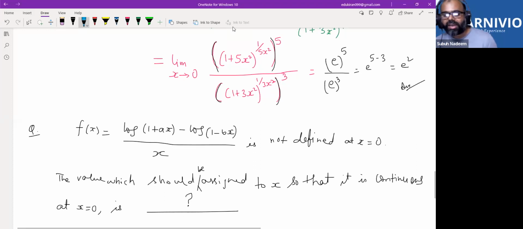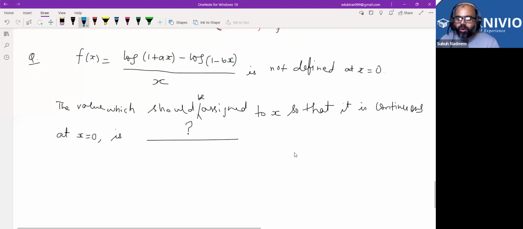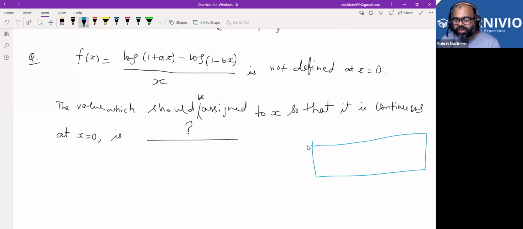Try this out and let me also tell you which formula you have to use, which we have done in the last class. Log 1 plus x upon x. It may not be exactly applicable, but you have to adjust as you were doing in the previous questions. So log 1 plus x by x, limit x approaching 0 is 1.